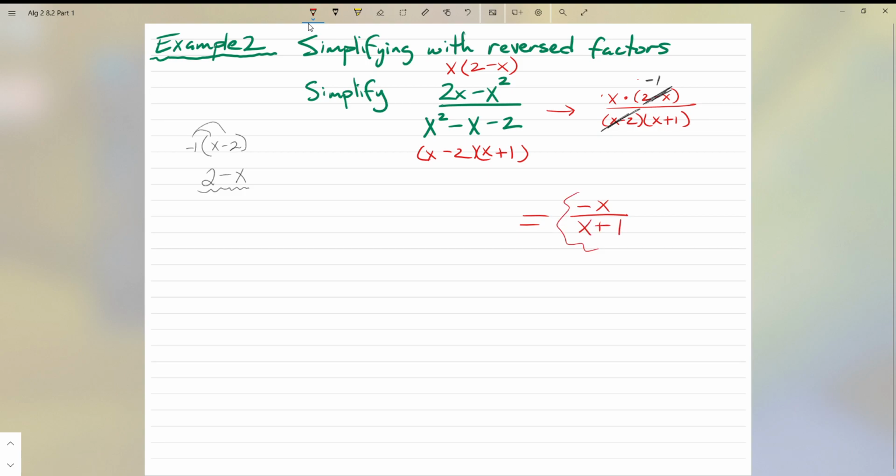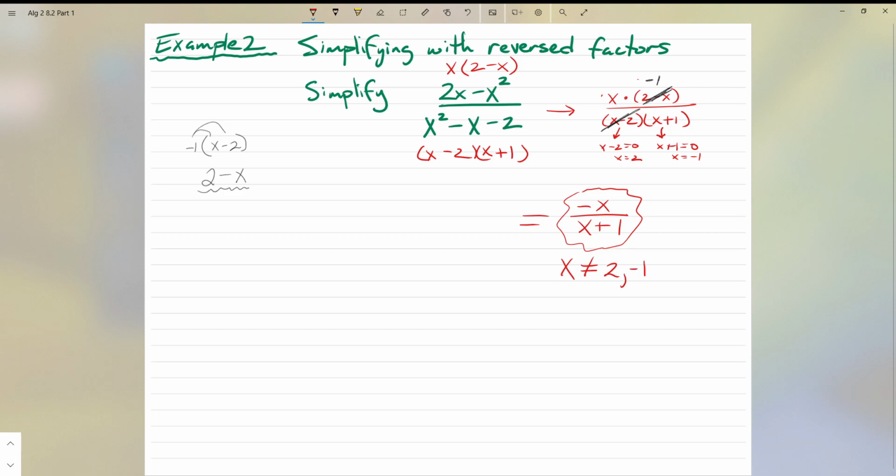And then if I didn't write it in the directions, but if I'm still trying to practice looking for what values are undefined, I would look to the original problem before simplified, and I'd set each one of these equal to 0. And then those would be my undefined values. So x cannot be 2 and -1.